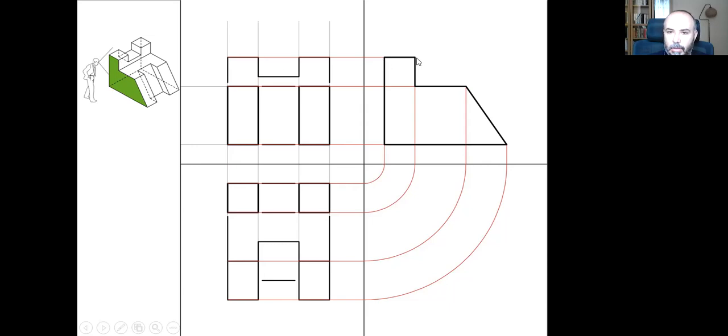I need to combine these two corners and then go down to indicate this edge here. That's this line here, or this edge here. And then I need to go horizontal towards this corner here.